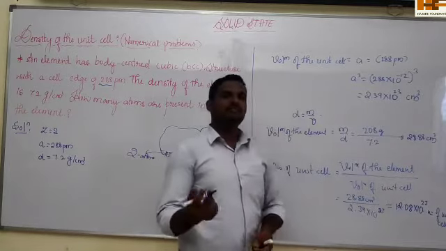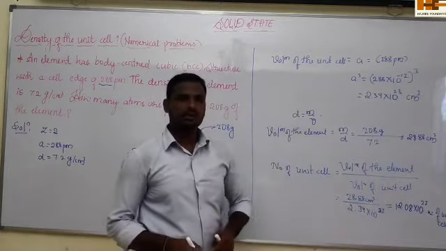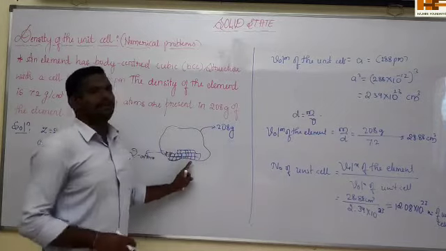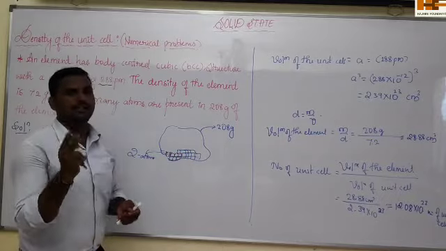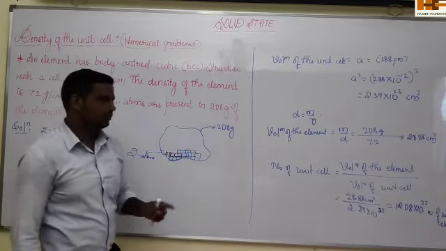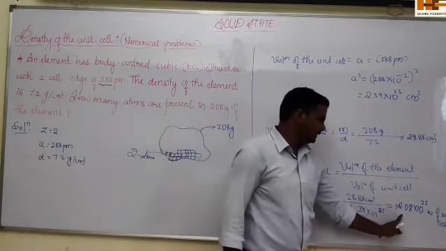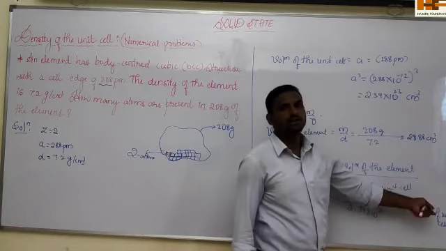So now you can easily find out the number of atoms, because you already know this is a BCC, body centered cubic unit cell. That contains 2 particles in each unit cell. But how many unit cells do we have? That is 12.08 into 10 to the power 23.